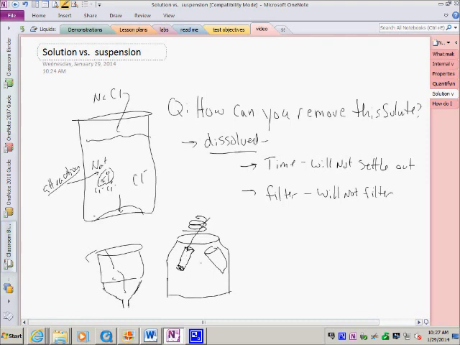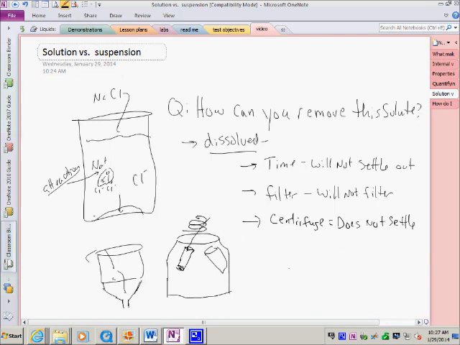But if something is dissolved, it will not be removed by a centrifuge. It does not settle. A centrifuge is basically a way of increasing gravity.